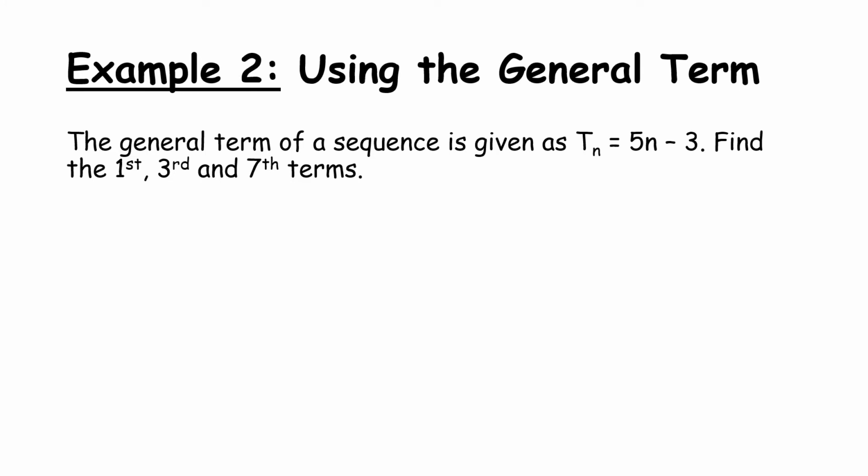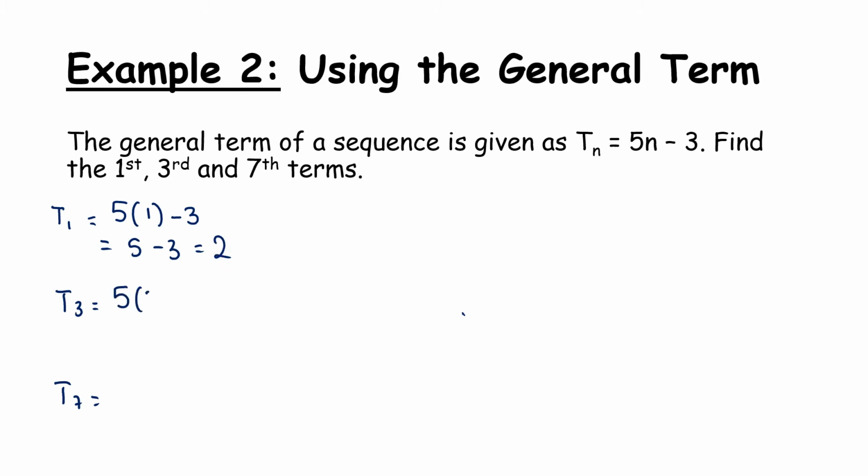So now let's use this general term some more. The general term of the sequence is given as Tn is equal to 5n minus 3. Find the first, the third, and the 7th term. So we're looking for T1, T3, and T7. So we do 5 times, instead of n we have 1, minus 3, which is 5 minus 3, which is 2.